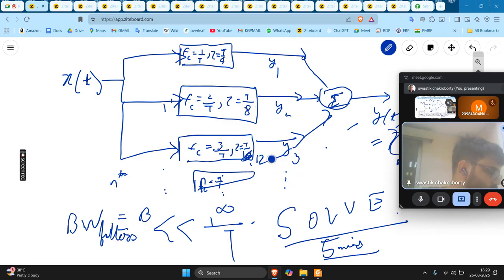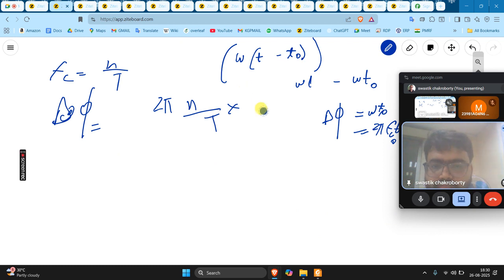So it's just t/4n. Now the final phase shift will be, dt cancel, nn cancel, pi/2.